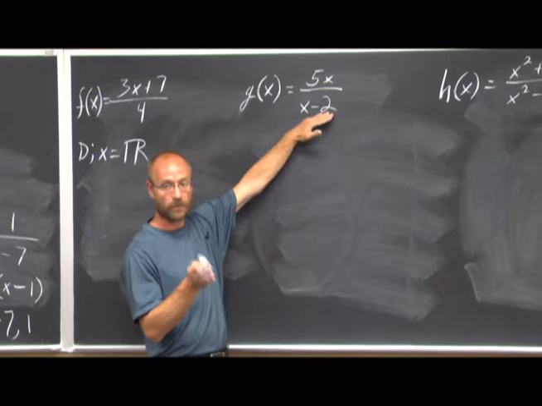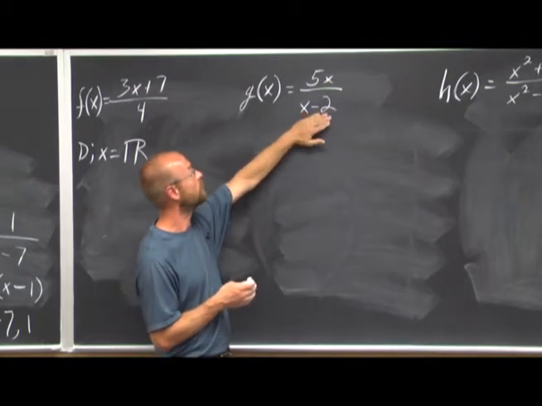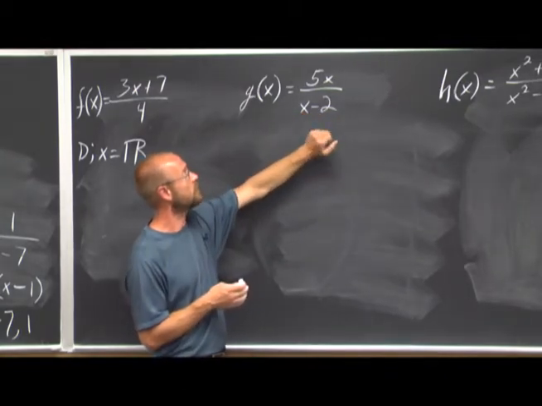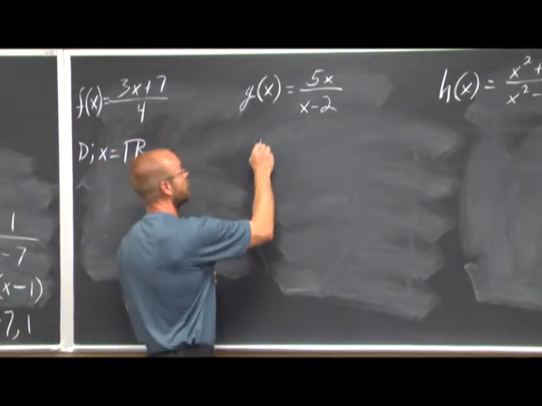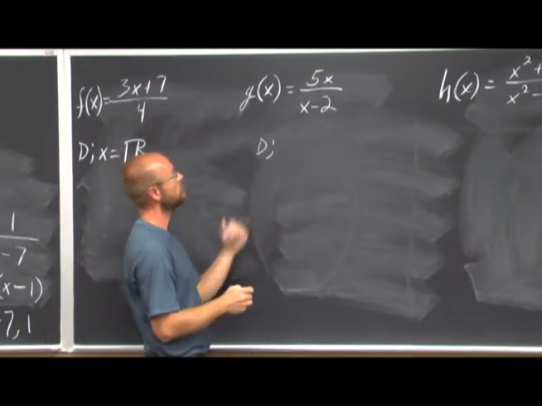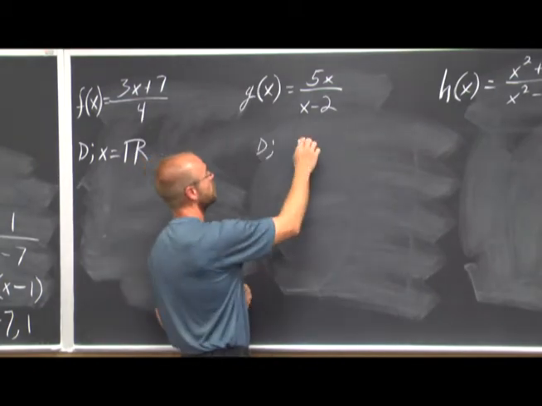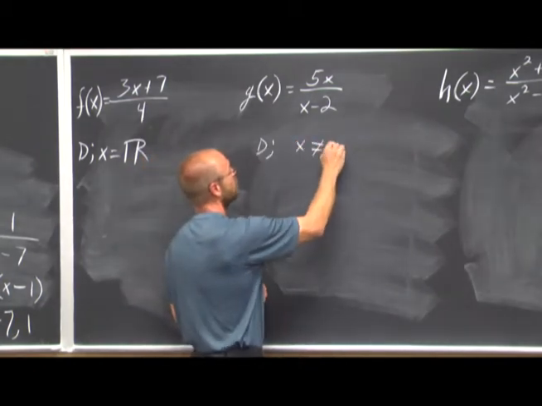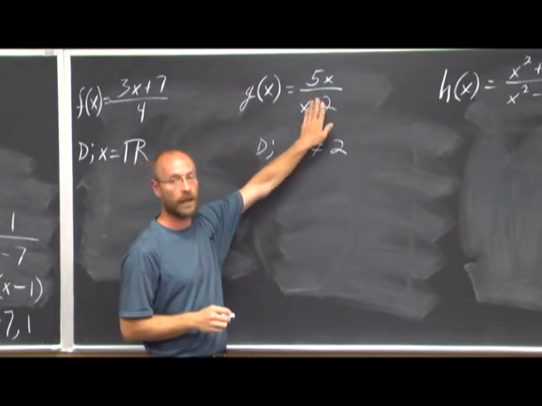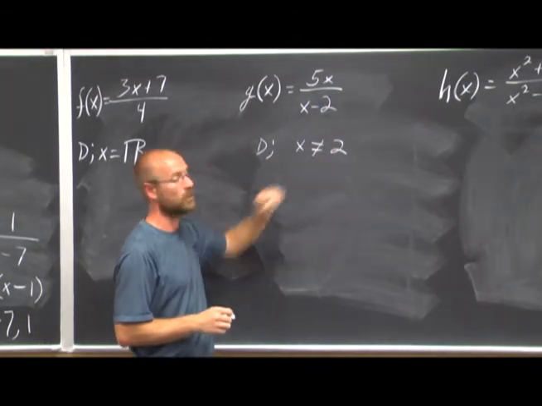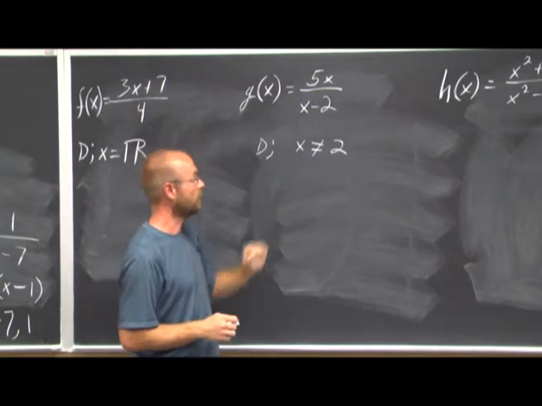It's as factored as I can take it, so I don't have to factor anything. So let's just set it equal to 0. What value of x would make it 0? That's the value excluded from my domain. And I just abbreviate domain with a semicolon here. X cannot equal 2, because 2 minus 2 would be 0, and I cannot divide by 0. So we have to exclude that value, and we find the domain.